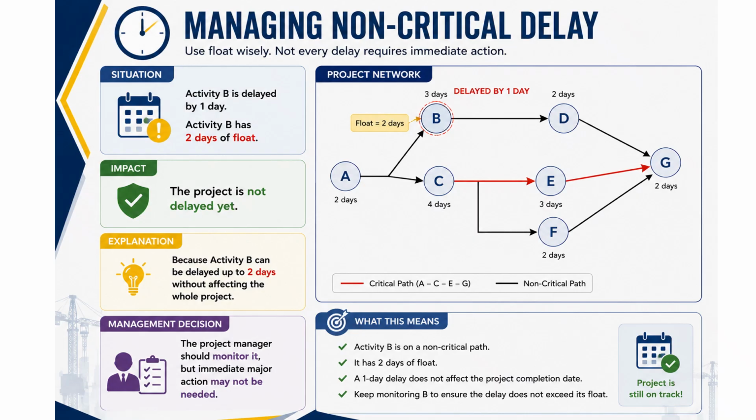Now let us look at different situations. If activity B is delayed by 1 day, but activity B has 2 days of float, the project is not delayed yet. Why? Because the activity still has enough flexibility.